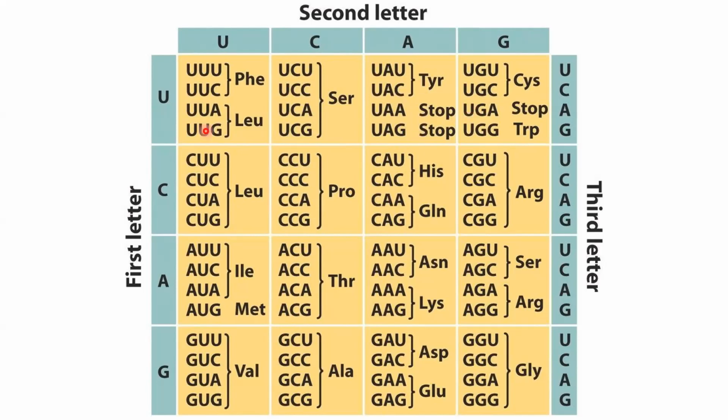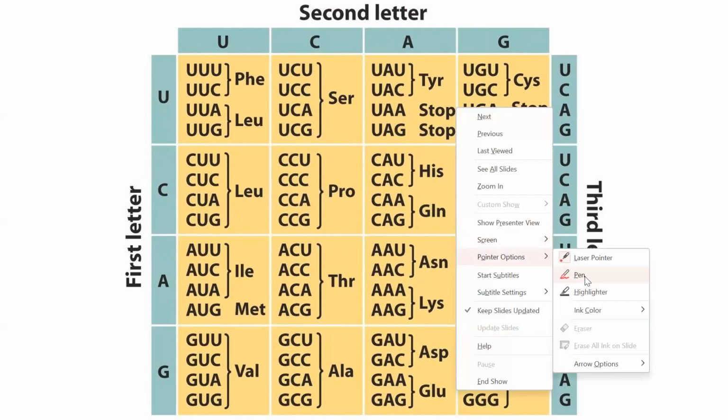There are in fact 64 sequences of codes, and 64 because they are degenerate, right? Because more than one code can code for one amino acid. So for instance, this one, like I told you, proline, all of these can give proline, right?